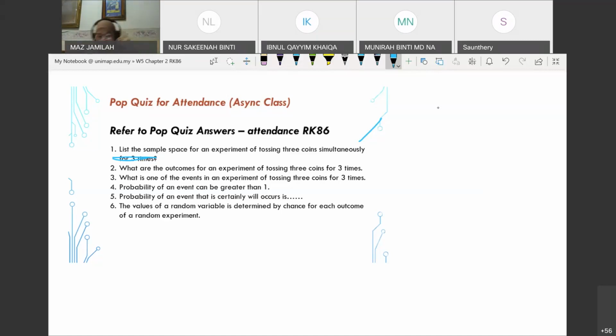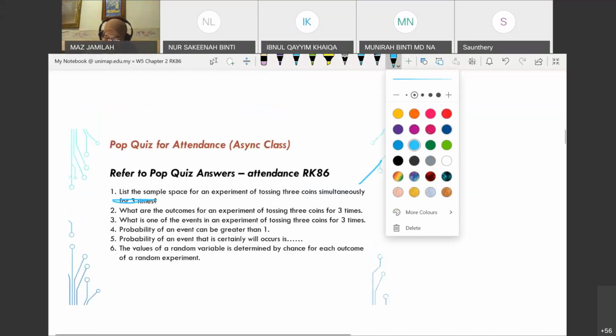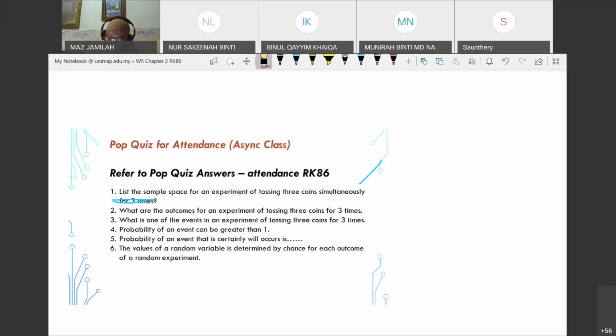Let us do one experiment first. Say you are tossing 3 coins once.